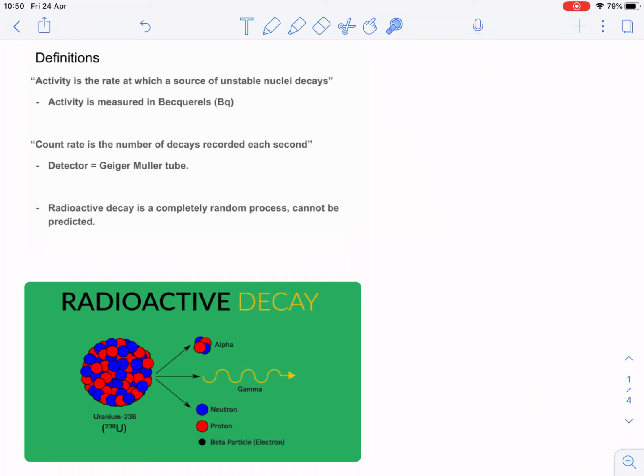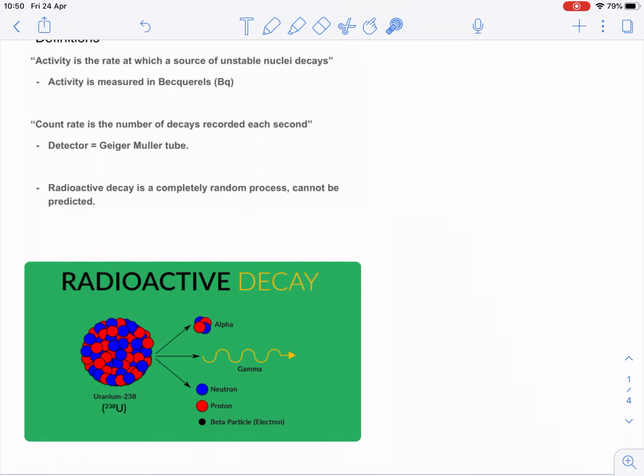We can detect the count rate using a Geiger-Müller tube. The count rate is the number of decays recorded each second. Every second, the detector detects how many radioactive decays are present, and that is the count rate. Radioactive decay is a completely random process and it cannot be predicted.